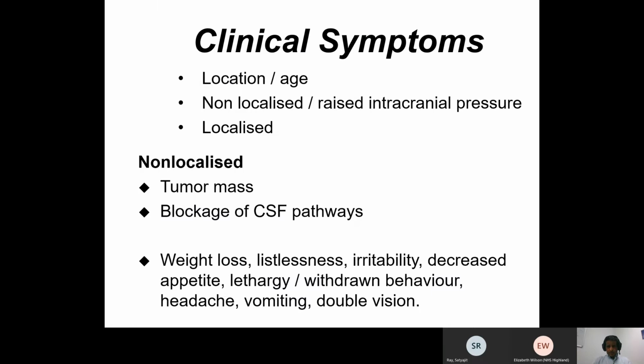So how do they present? How do they present, and what can we do to find out how they got brain tumors? So pretty much it depends on the age of the child and where the child's tumor is located, where it is starting. The children can have either non-localized symptoms, often due to mass effect, tumor mass, or due to a blockage of a CNS pathway, CSF pathway, causing raised intracranial pressure, hydrocephalus, things like that.